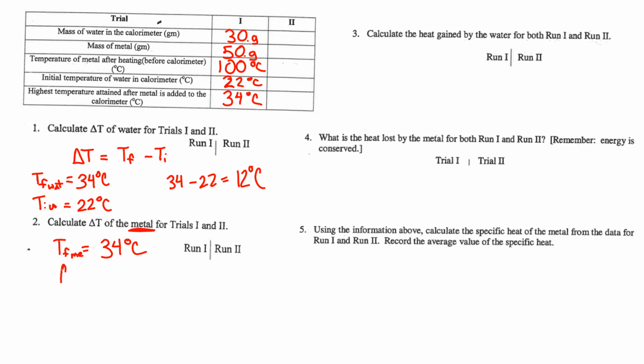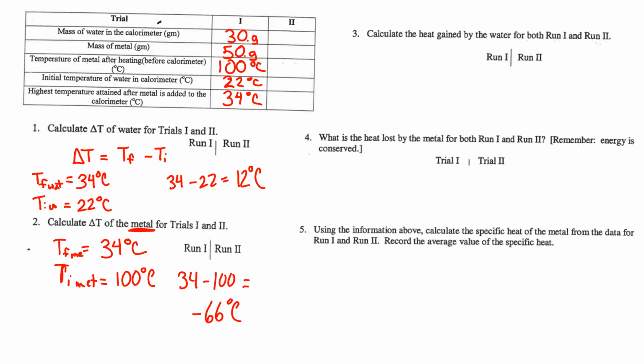The TI for the metal is 100 degrees Celsius because that's what we raised it to before we did anything with it. So the same thing, in this case, 34 minus 100. That gives me a delta T of negative 66 degrees Celsius.